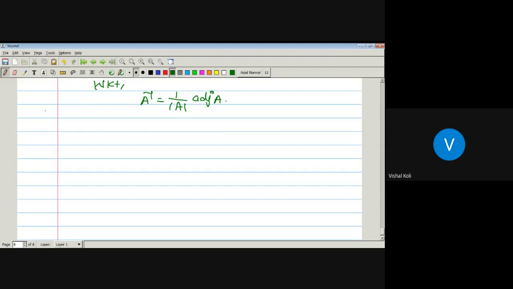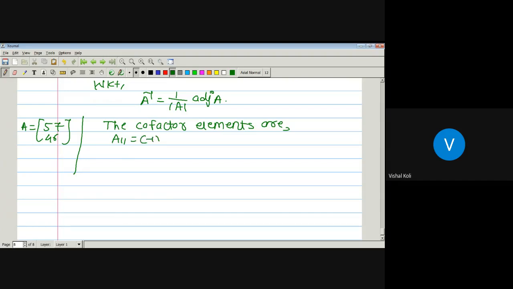So as A is nothing but, here we will write A having entries 5 7 4 and 6. Now find its cofactors. The cofactor elements are now capital A11, which is nothing but minus 1 to the power 2 into its minor, which is 6, which is equal to 6.